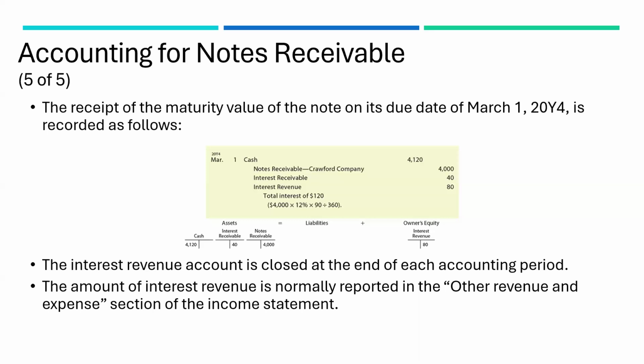So that's the full 90 days of interest plus the initial face amount. And then we credit our notes receivable, our interest receivable, and then the interest revenue for the year that we're in now, which is for March 1st of the following year, right? So that way we follow our matching principle. Interest is accrued over time, and we need to have that revenue in the period in which it's accrued.